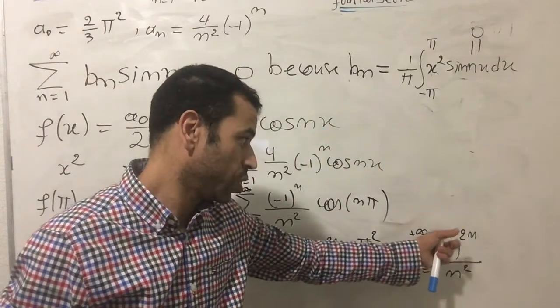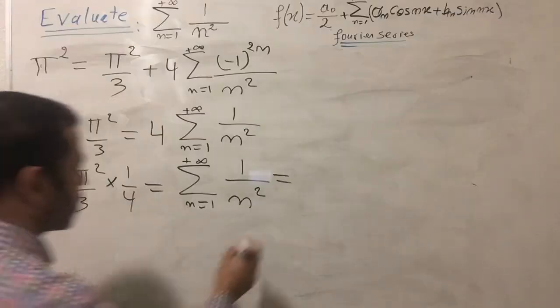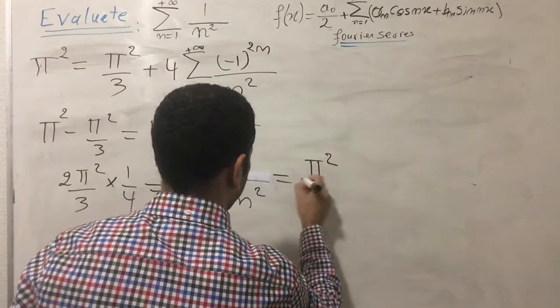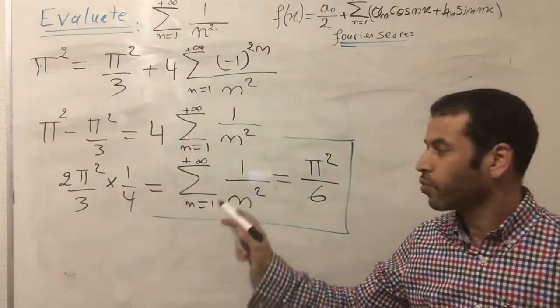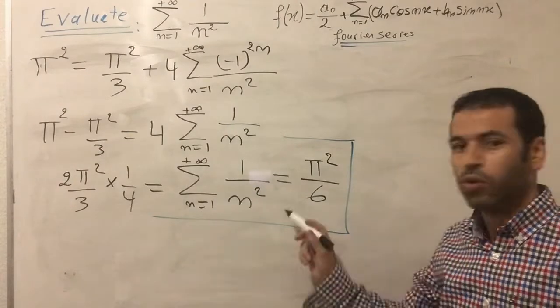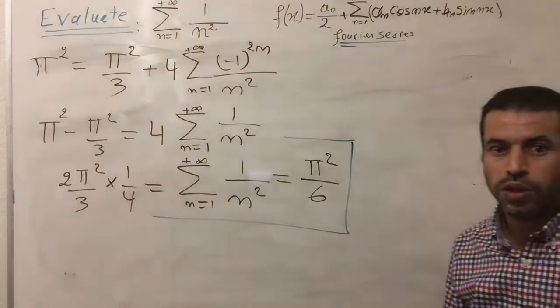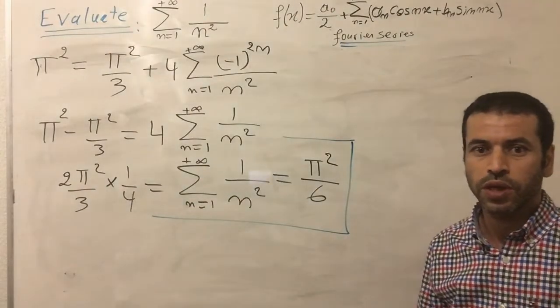Minus 1 to the 2n is 1. We will have pi squared over 6. Now the sum of 1 over n squared as n goes from 1 to infinity equals pi squared over 6. I am done with this problem. Thank you for watching. I will see you in the next video. Bye.